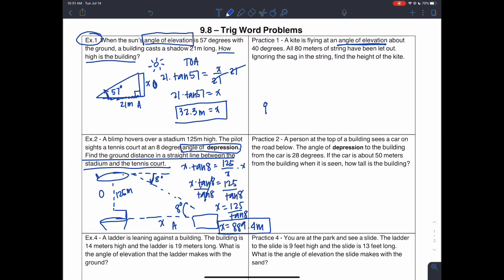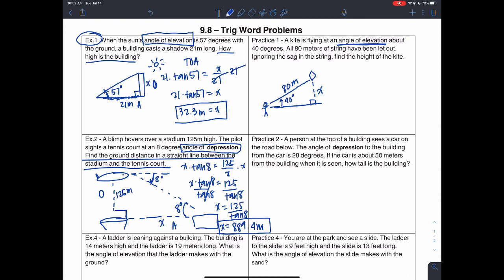So if we're here, we're flying a kite up here, and with the ground, we make a 40-degree angle. All 80 meters of string have been let out, which means that this is 80 meters, and we want to find the height, which is x.